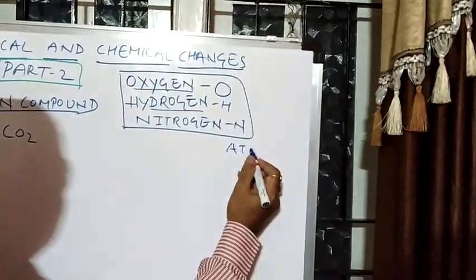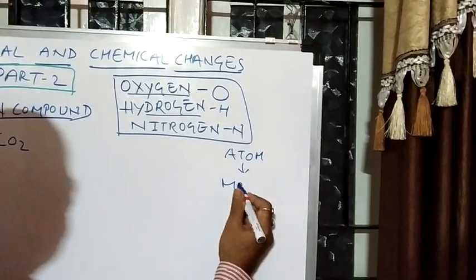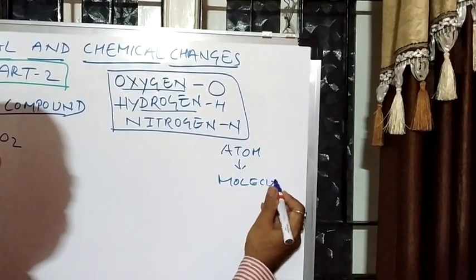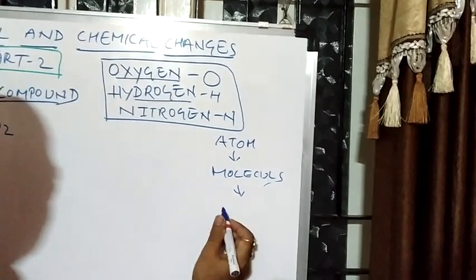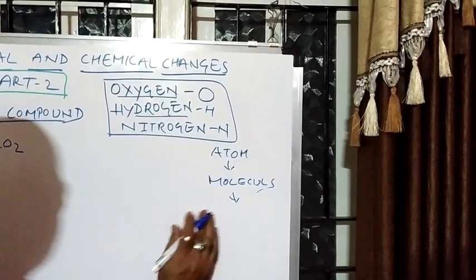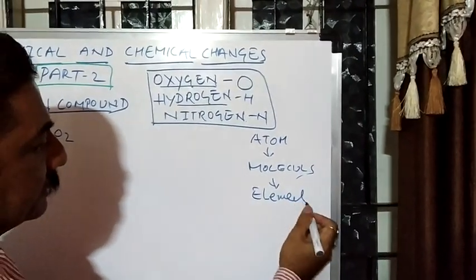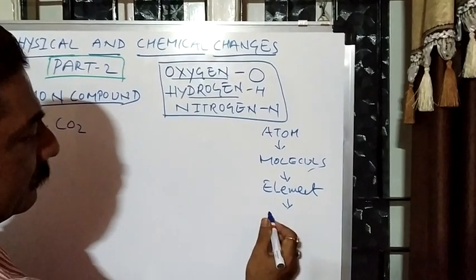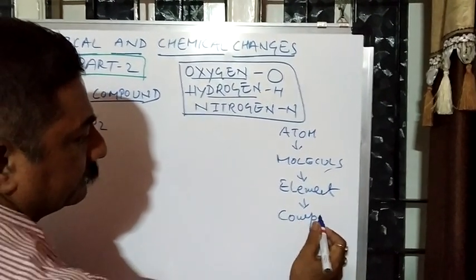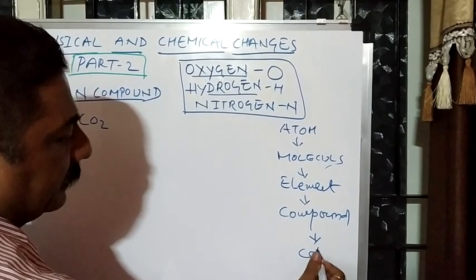The initial is our atom, right? Then molecule, then cell, then element, then compound, then cell.